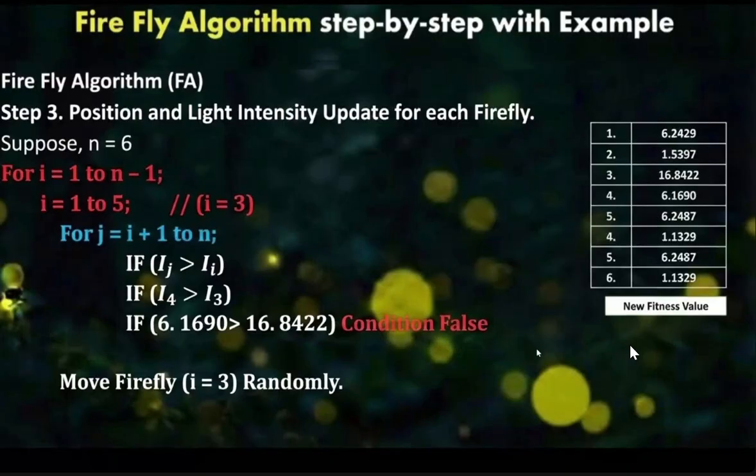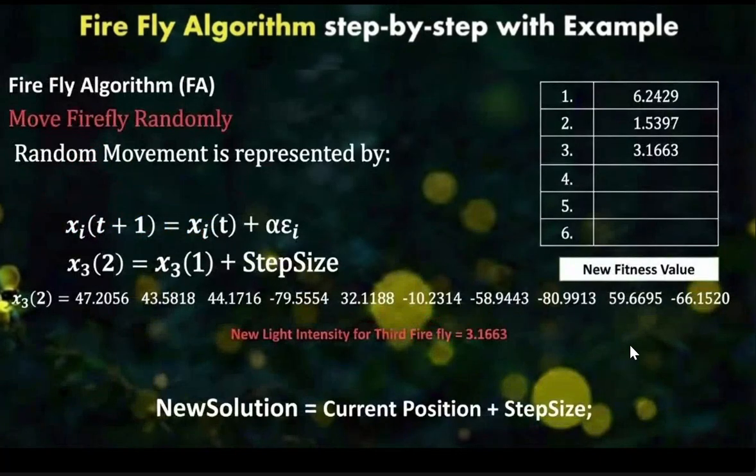In this scenario, Firefly 3 has no brighter neighbor to move towards, so it moves randomly. After finding its new light intensity, it becomes 3.1663, demonstrating how random movement helps explore new positions when the condition is not met.